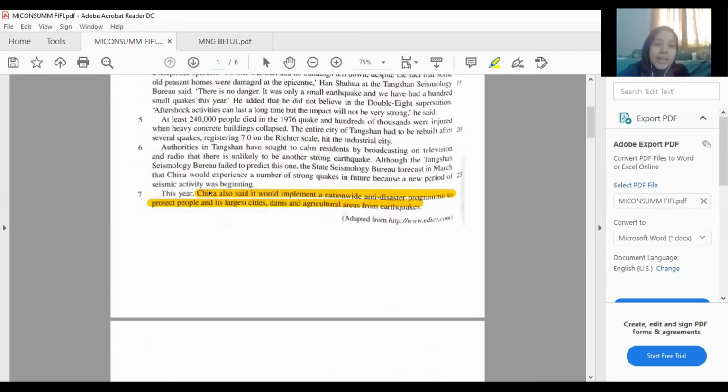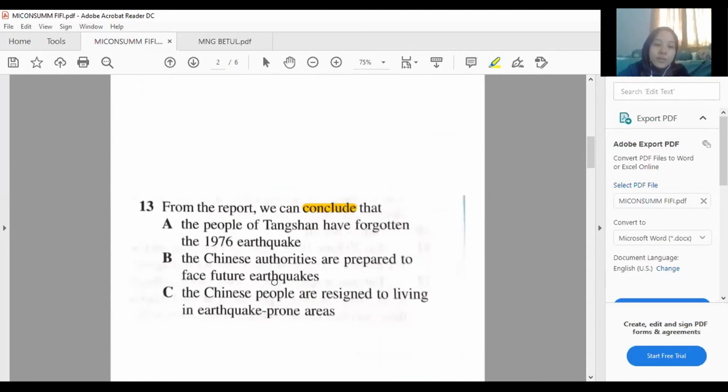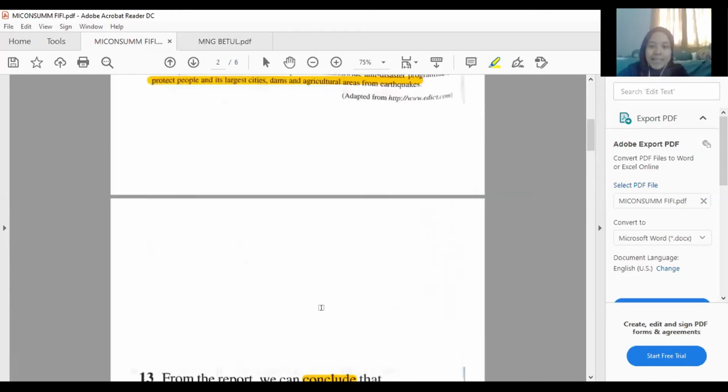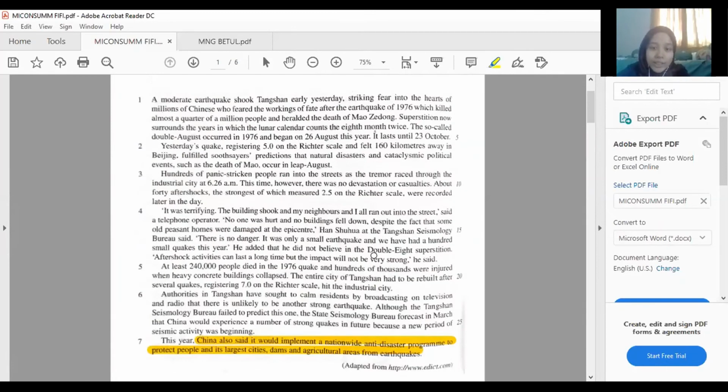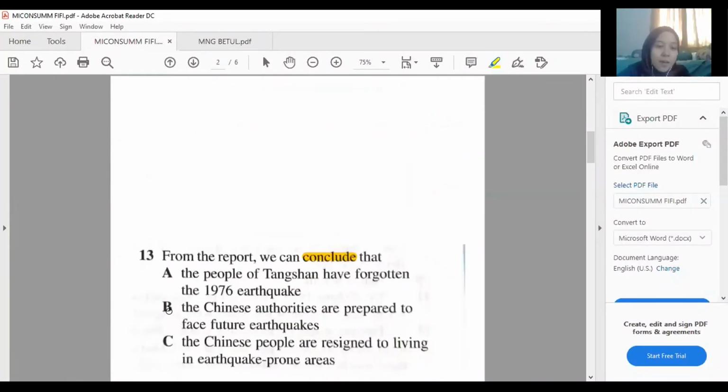It means the same as the seventh paragraph. And the C option, the Chinese people are resigned to living in earthquake-prone areas, is not stated at all in the passage. So the answer is B.